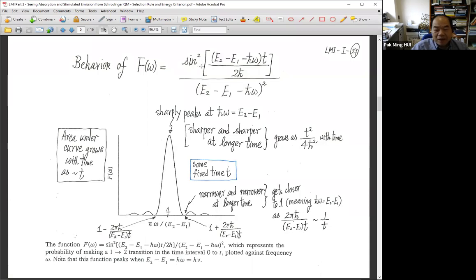All right. Here I'm plotting this funny thing, this ratio, on the y-axis, and then on the x-axis. Pay attention. I'm seeing it as a function of omega, but more conveniently, I'm plotting it as h bar omega over E2 minus E1. That is to say, when this thing is 1, it means I'm hitting at the right energy.